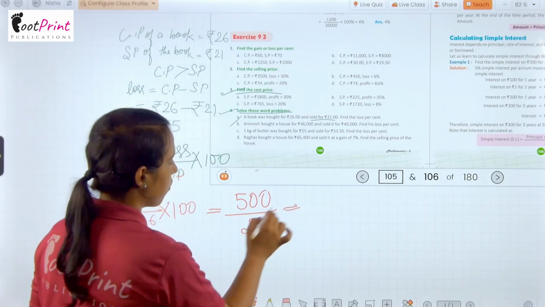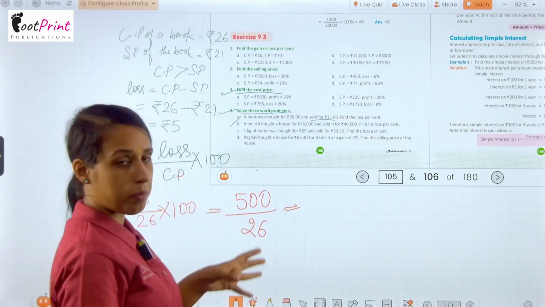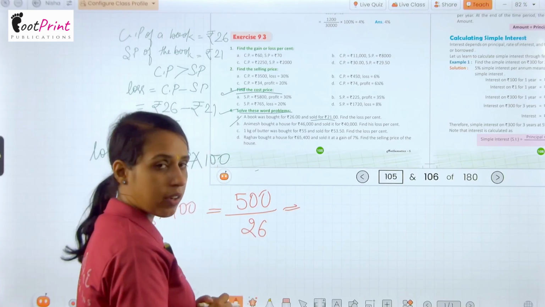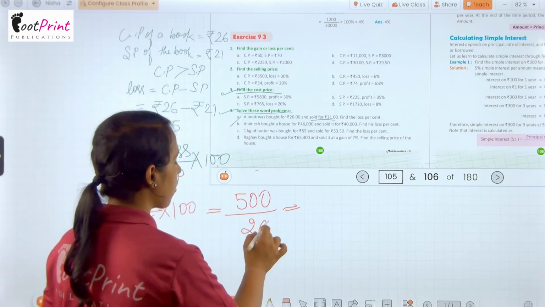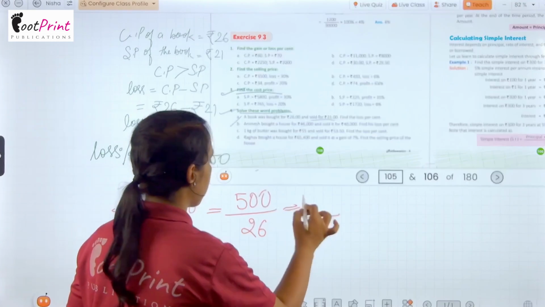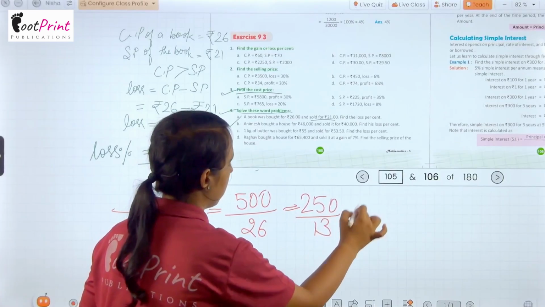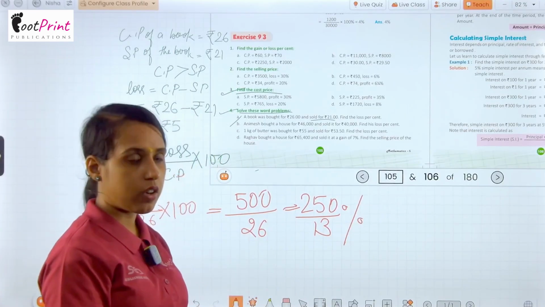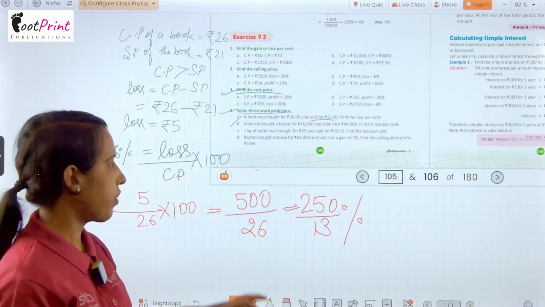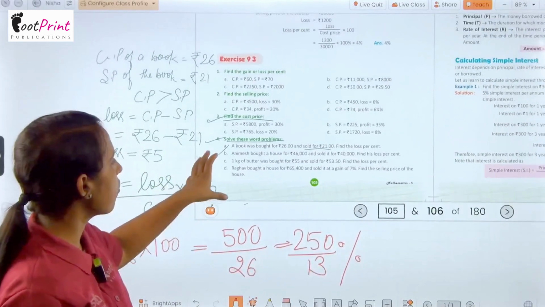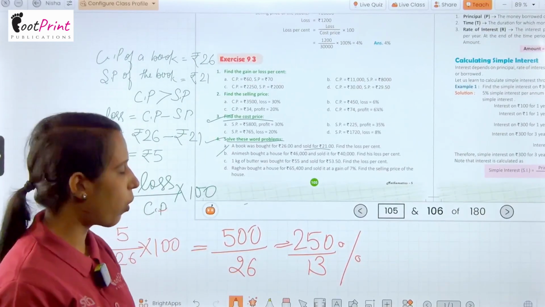Or if we want to change it into simplest form, so after dividing it by 2 both the sides, so we get here 13 and here we get 250 upon 13%, or you can change it into mixed fraction. Okay, so in this manner we can also find out word problems.